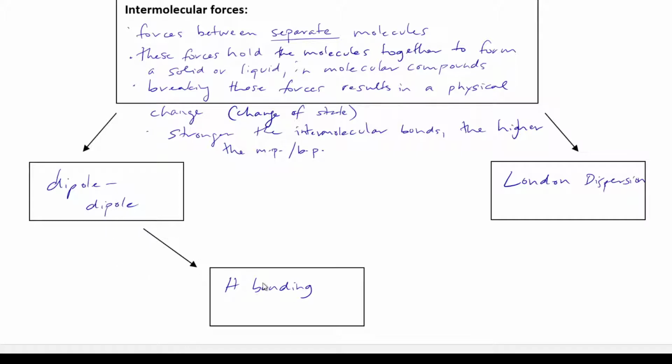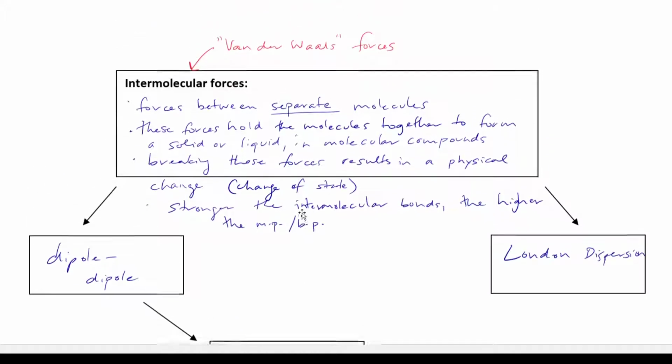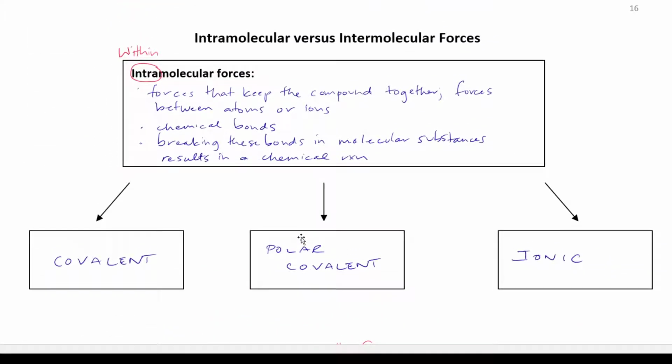So these are the three types of forces that can be present between separate molecules, and those are your intermolecular forces. In contrast, these are your intramolecular forces, which we have previously studied. And those are the forces between atoms inside the molecule or in the ionic compound.